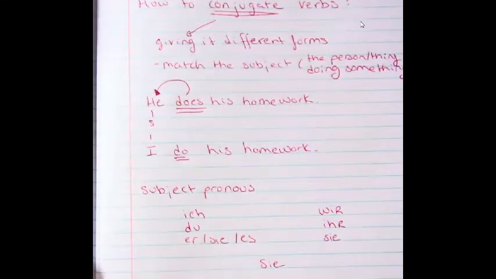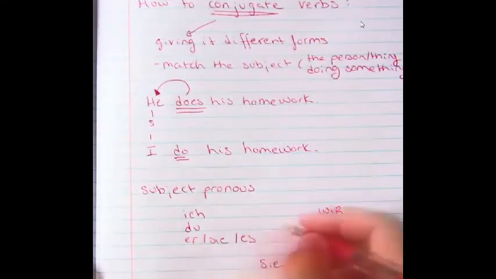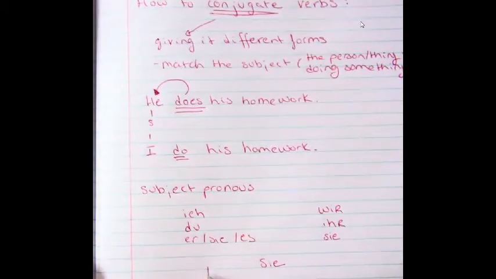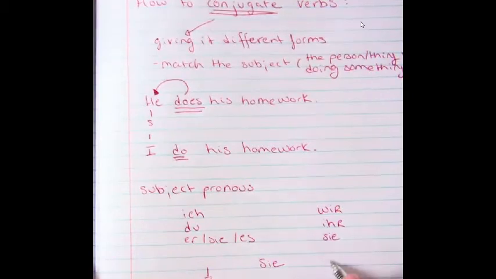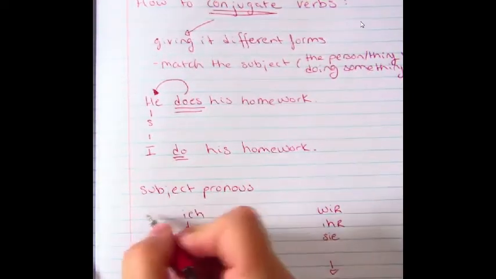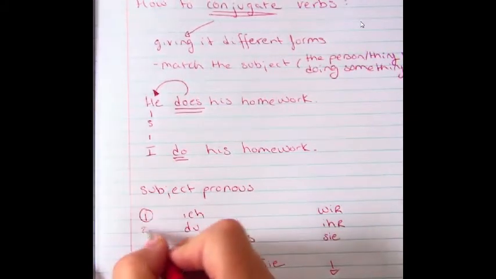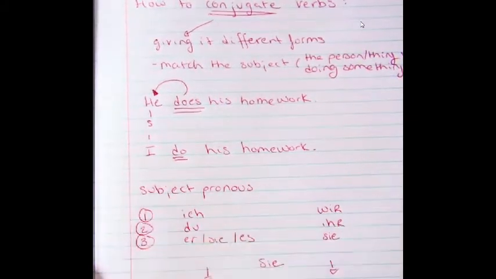And of course we have on the one side, this is our singular side. This is our plural side. And then we've got first person, second person, third person.